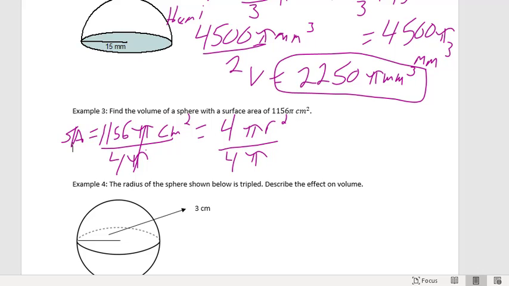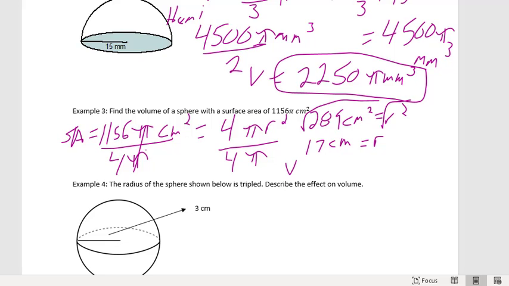Pi's cancel. 1156 divided by 4 gives me 289. Take the square root of both sides because that equals r squared. So I end up with r is 17 centimeters.